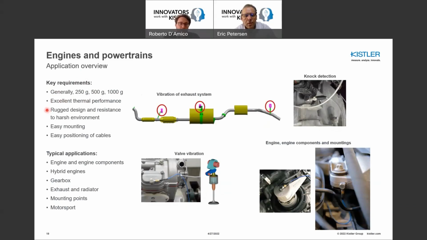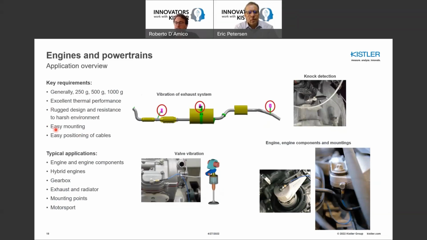Having a rugged design and resistance to harsh environments are also very important to consider when selecting the right accelerometer, because a sensor placed, for example, in an engine bay must withstand aggression from oil, grease, dust, and so on. So it is important to take that into account. Space is also usually very limited around powertrains and engines, so easy mounting might be something you want to take into account.